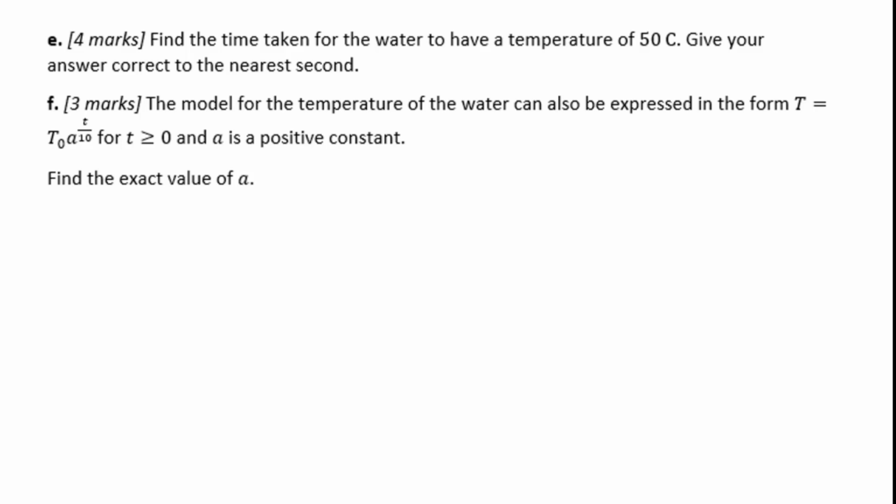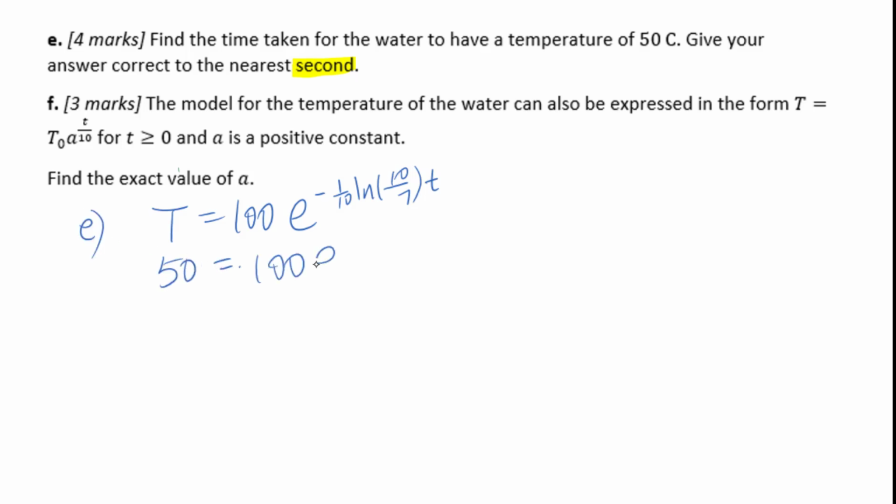Let's go to e. Find the time taken for water to have a temperature of 50 degrees. Give your answer correct to the nearest second. For this function, we know 50 equals 100 e to the negative 1 over 10 times the natural log of 10 over 7 times t.